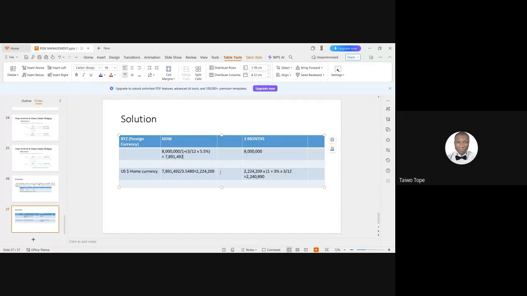So this is one way to hedge when you want to receive money. You can quickly borrow and use the money because fluctuation can occur in the exchange rate. So once you've hedged in this way, no matter the fluctuation, I'll not be running at a loss, I don't want this contract again.